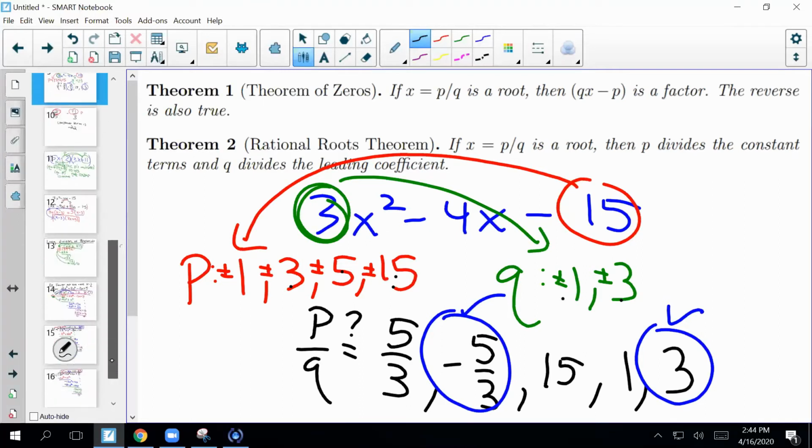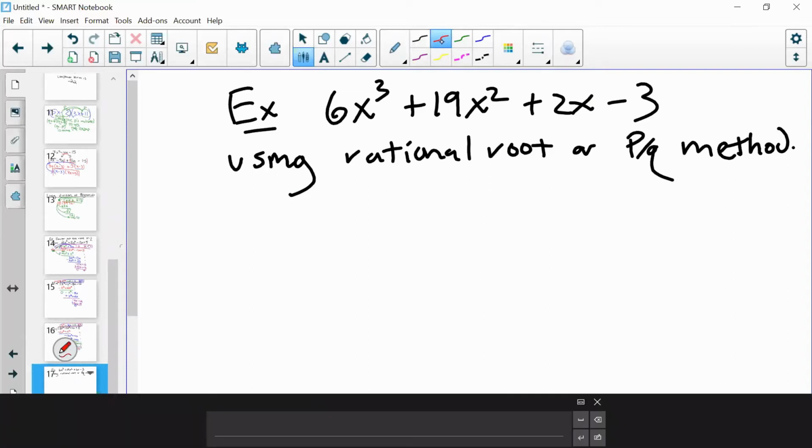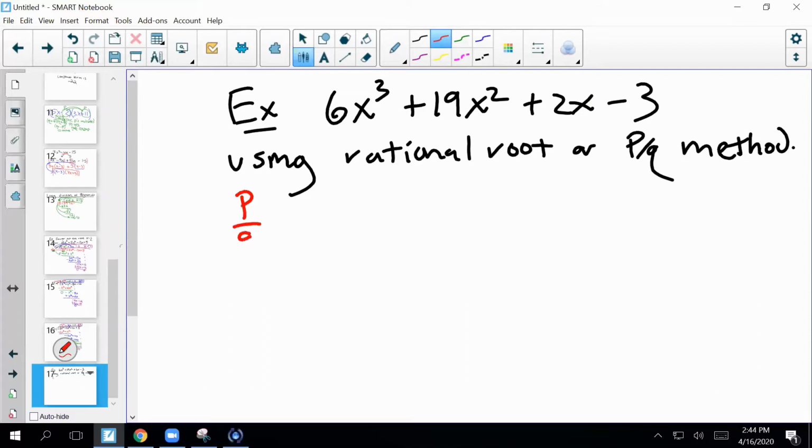So what that does is it basically gives us some guesses as to what the roots are for this polynomial, which of course roots and factors are the same thing, so that'll give us the factors as well. So P over Q. P over Q is going to be things like, well, P is going to come from this 3, and Q is going to come from the 6.